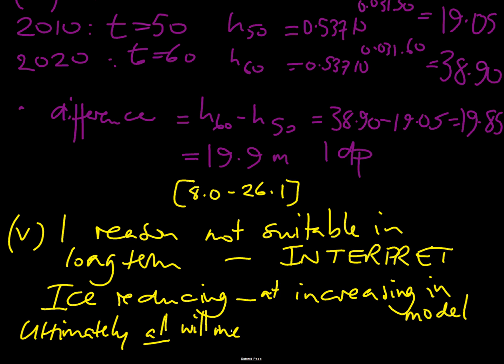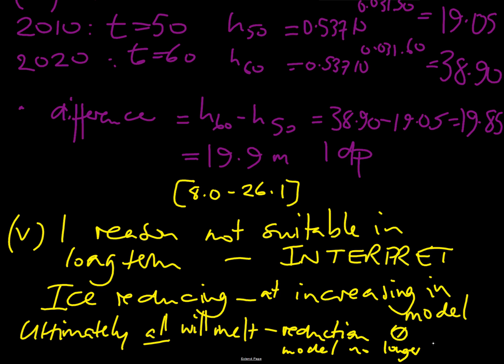When all the ice melts, the reduction will go back to 0, won't it? So the reduction will be 0, and therefore the model won't work. No longer valid. Yeah.